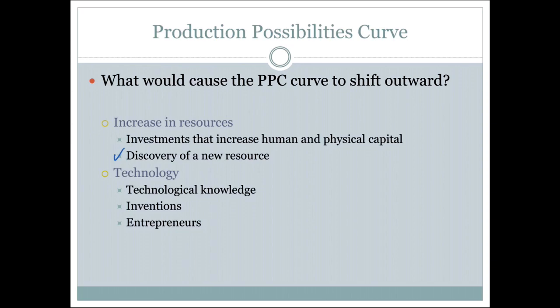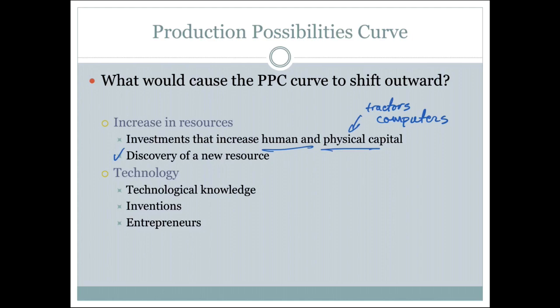We could also get an increase in what we call productive powers, and that is an increase in human or physical capital. When you hear the word physical capital, this means the things we can make other stuff with. This is stuff like tractors, computers, and so forth. The technology we use to make other things, that's physical capital.